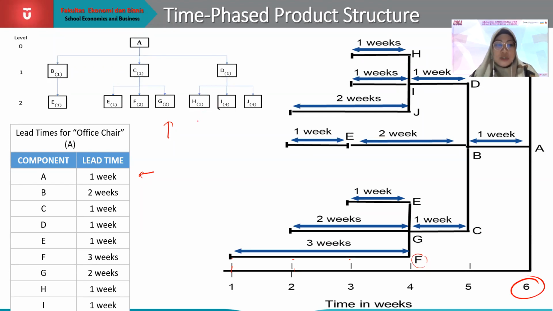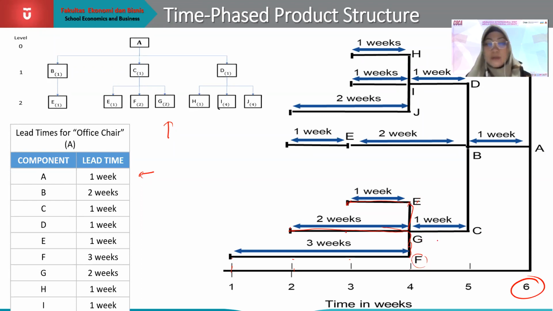But usually I choose the longest lead time among E and G, because G is 2 weeks, so I draw a line like this, up, and then back like this, 1, 2. So this is component G. And then after that, we draw component E, and we draw the line, the lead time, 1 week like this. And after we have E, G, F, it means we can start to produce component F.